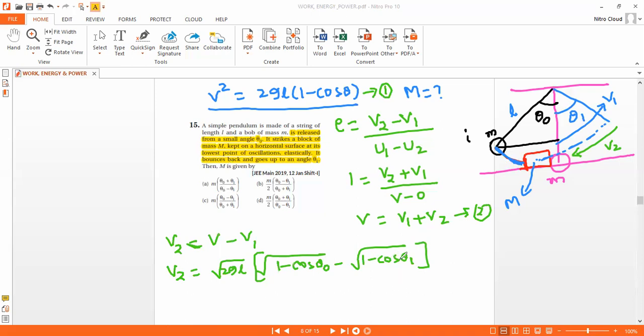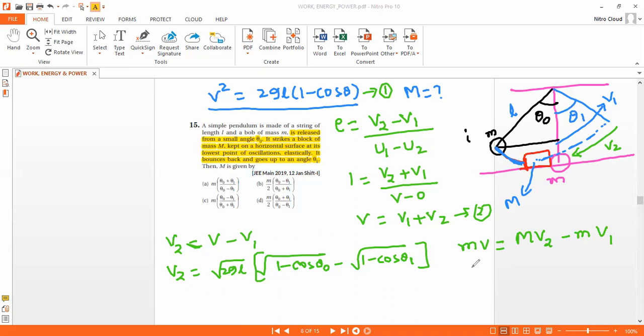Fine. Now apply the conservation of momentum. That is, initial momentum is equal to final momentum. Small m into v is equal to, that is, momentum before collision equal to capital M v2 minus m into v1.